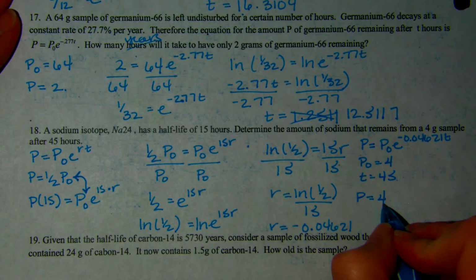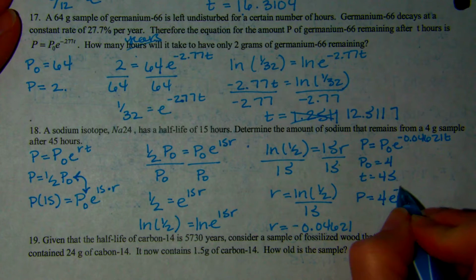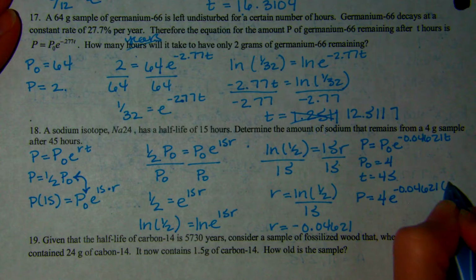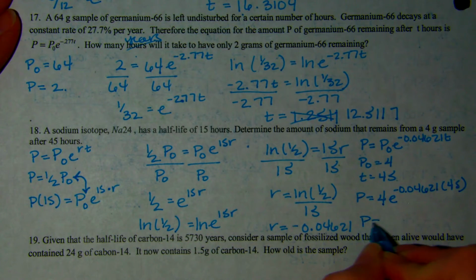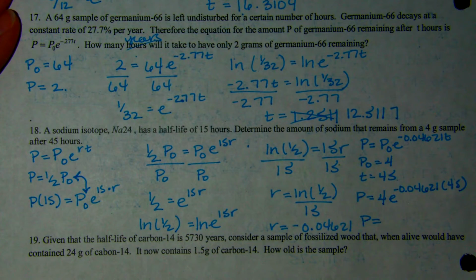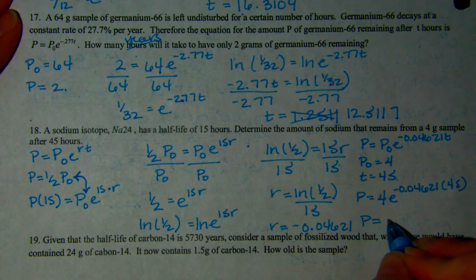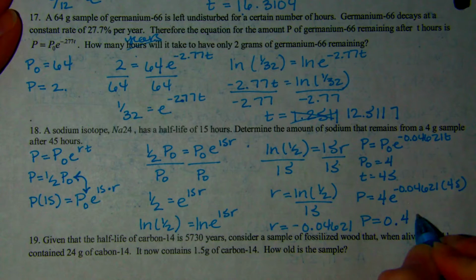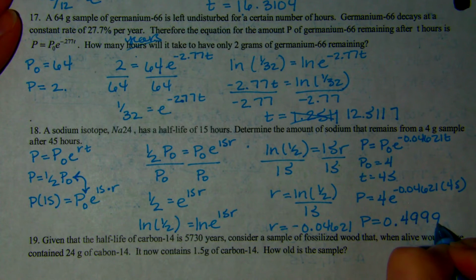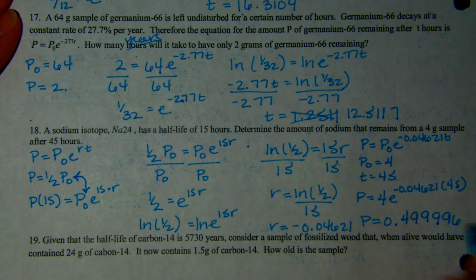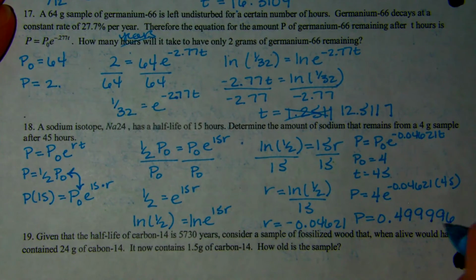So P is equal to 4 grams times e to the negative 0.04621 times 45, like that. And you get 0.499996 grams.